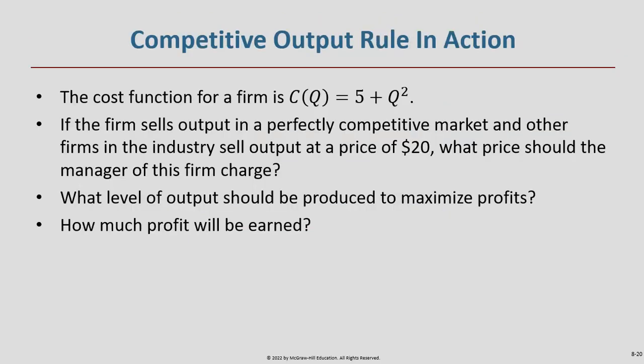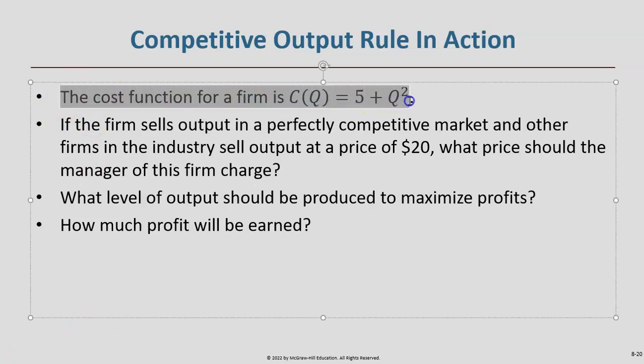All right, so let's put this competitive output rule into action. It's just a little math problem that illustrates how this works. So imagine the cost function for a business firm is equal to 5 plus Q star. Notice that this is not a cubic cost function, but that's okay.